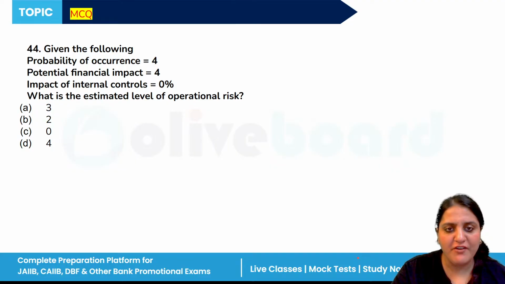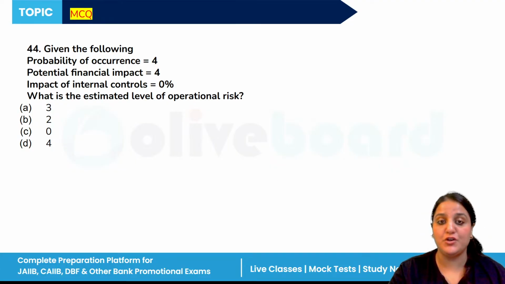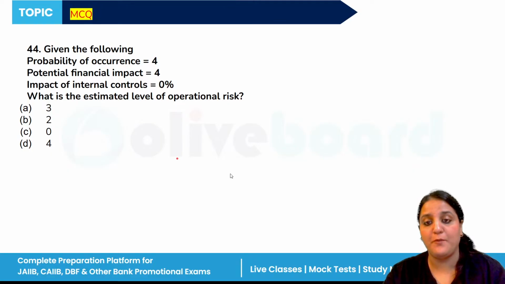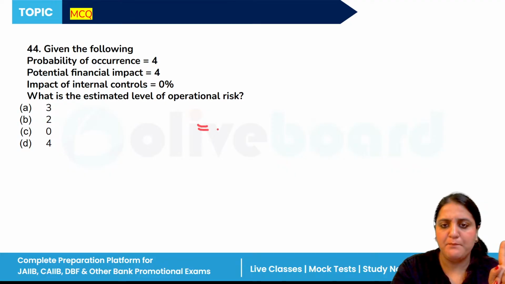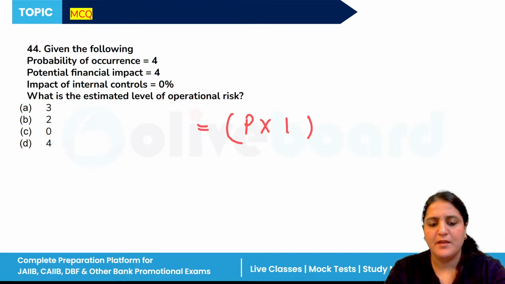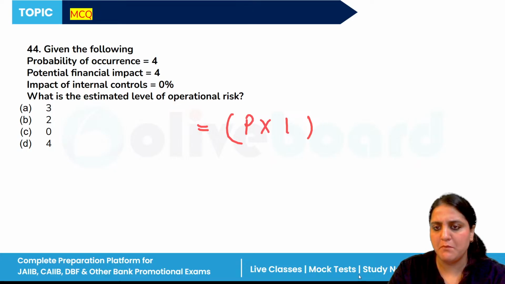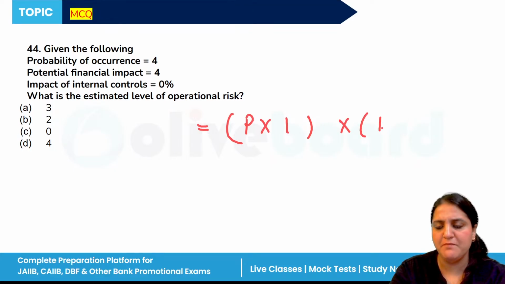Now, probability of occurrence is given, potential financial impact, impact of internal control. What is the estimated level of operational risk? So nothing to do, just apply one formula, which is probability multiplied by impact multiplied by 1 minus control effectiveness.